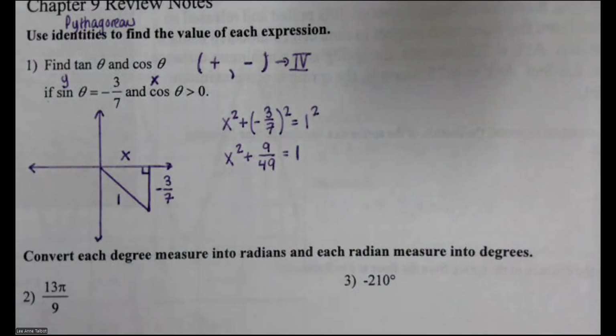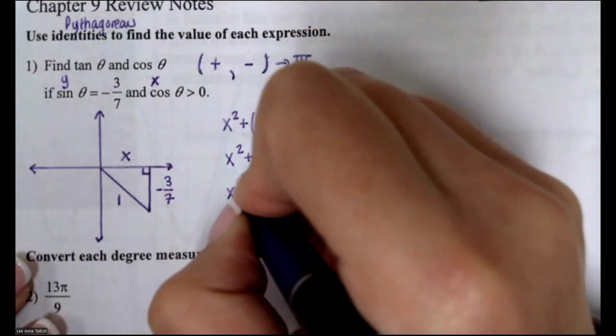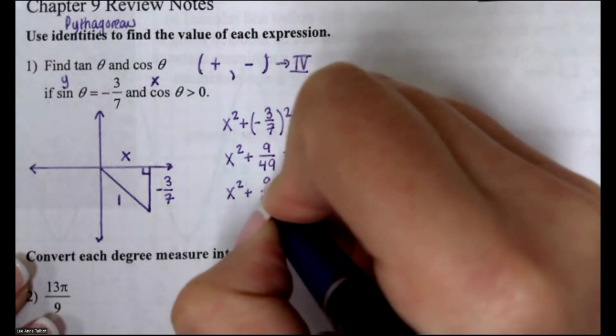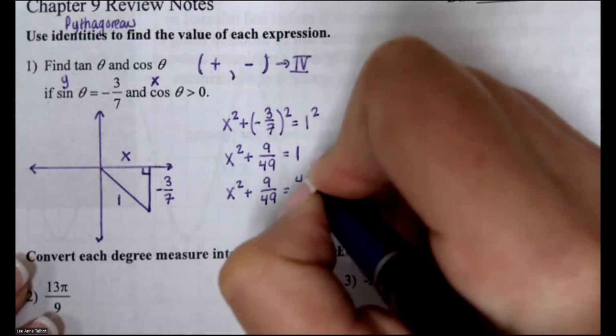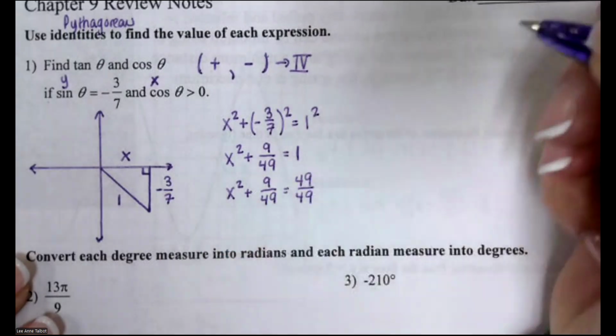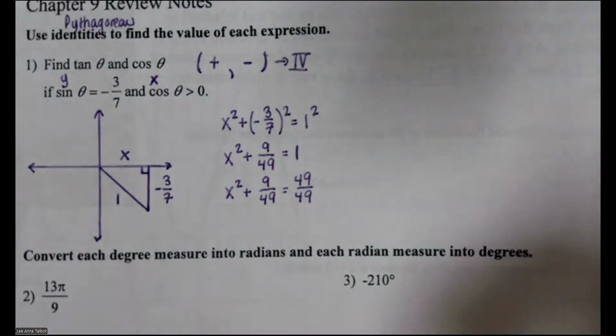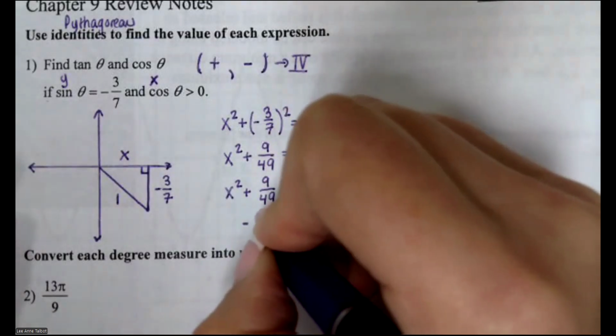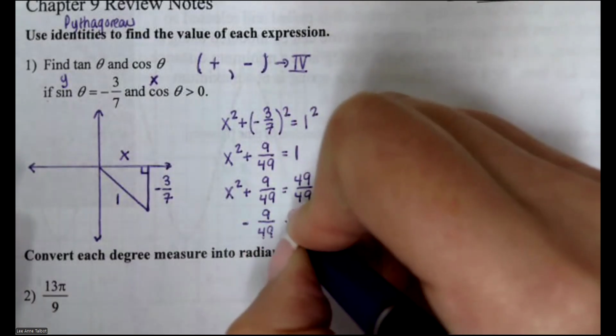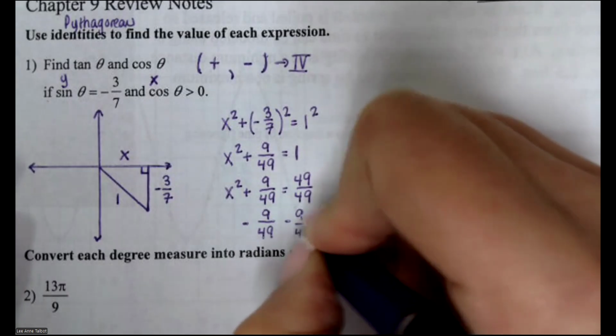And also, do you see that it's positive now? X squared plus 9/49 equals 49/49. Minus 9/49, minus 9/49.